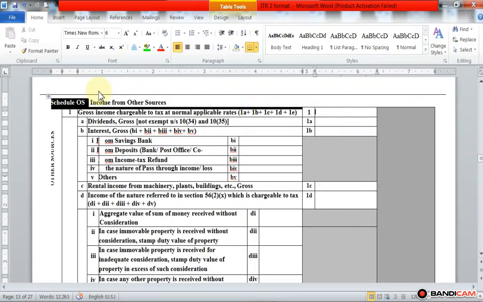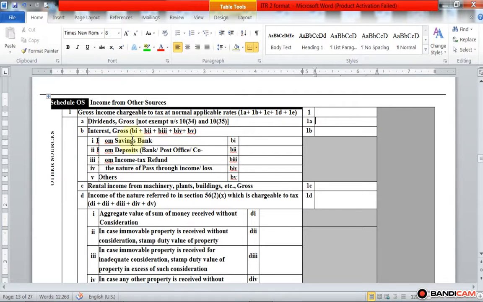Then dividends: gross dividend not exempt under section 10(34) and 10(35). It means under section 10 subsection 34 and section 10 subsection 35. It means gross dividend but not exempted under section 10; only that value is taken into consideration in 1A. Then gross interest. Gross interest includes B1, B2, B3, B4, B5.